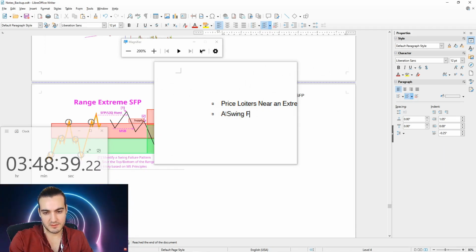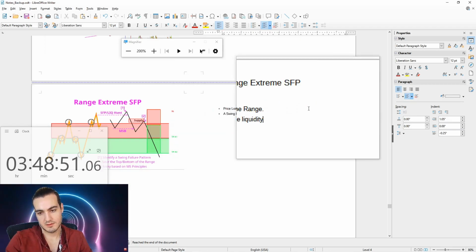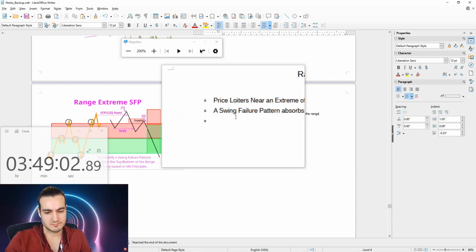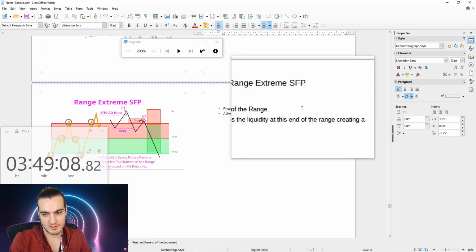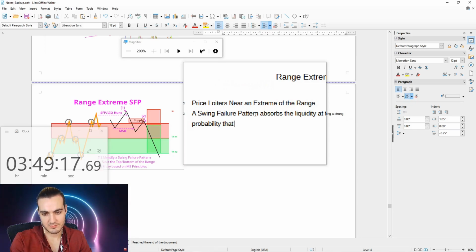A swing failure pattern absorbs the liquidity at this end of the range, creating a strong probability that price will reverse.